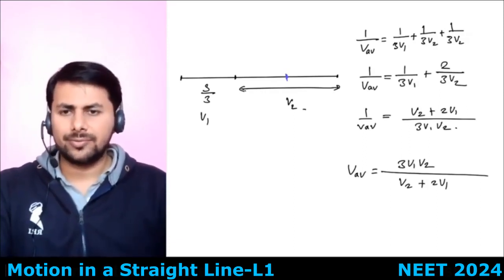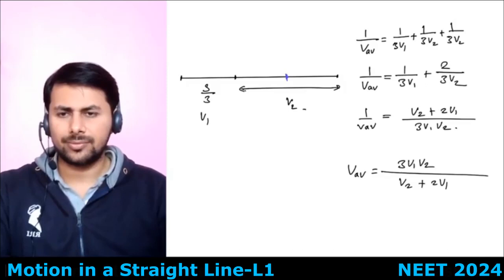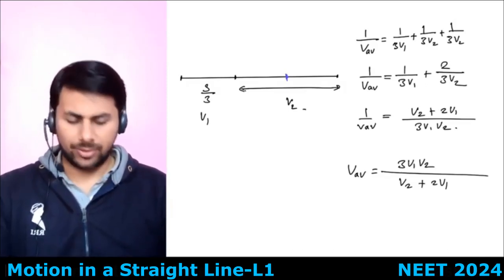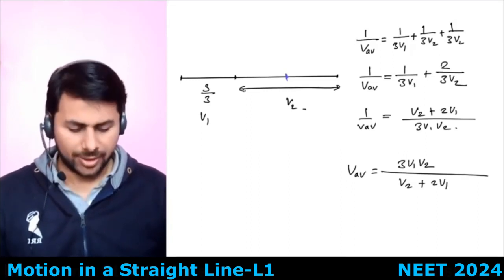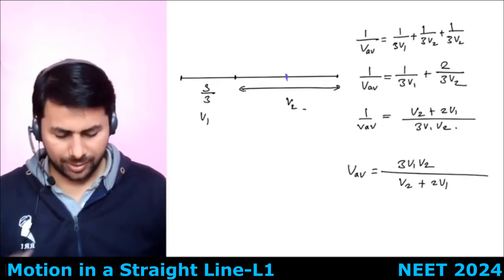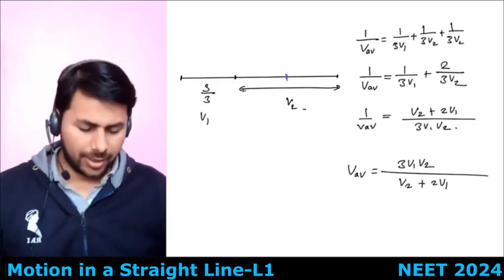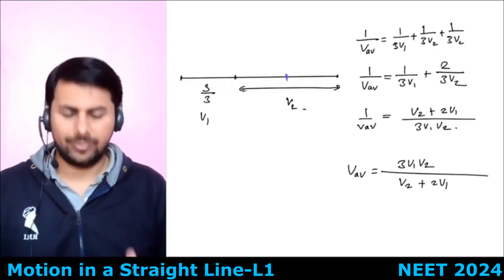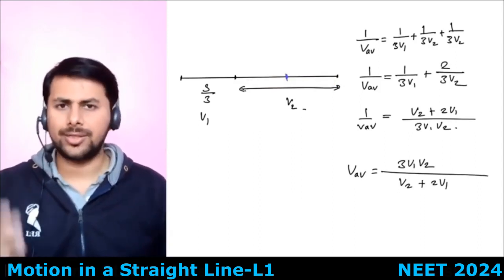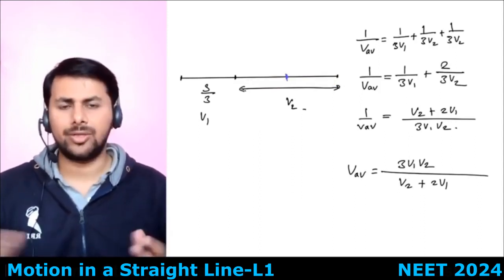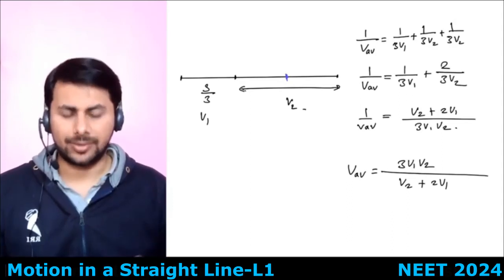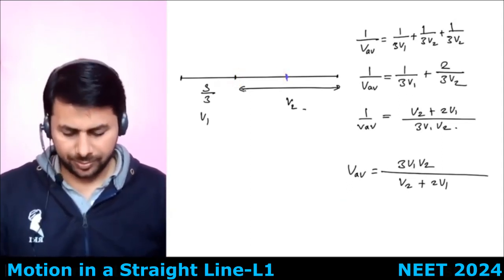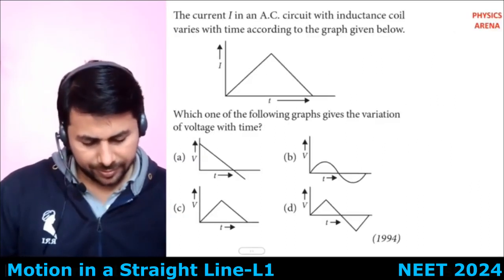Is this clear? So this is the shortcut. Otherwise you will have to find the time for this one, the time for this one, then total distance upon total time, and then you will come to the formula, the answer. So this is how you can solve these kinds of questions too, using the same method.